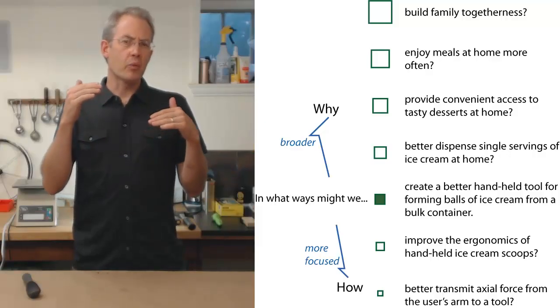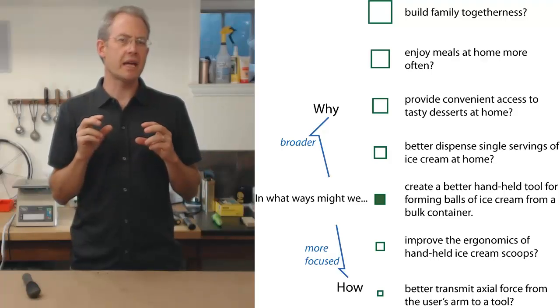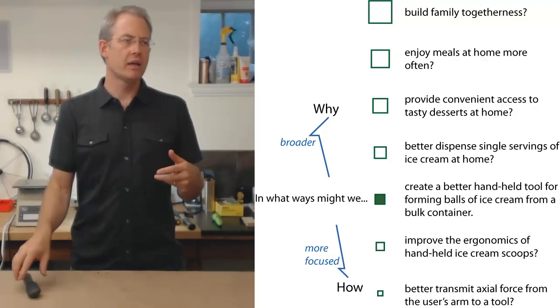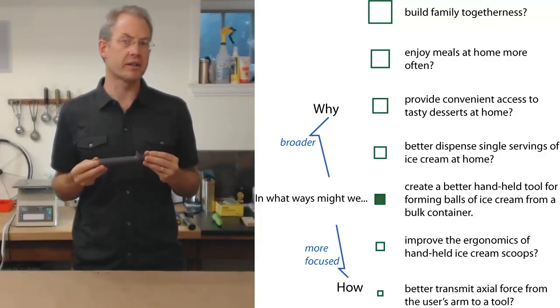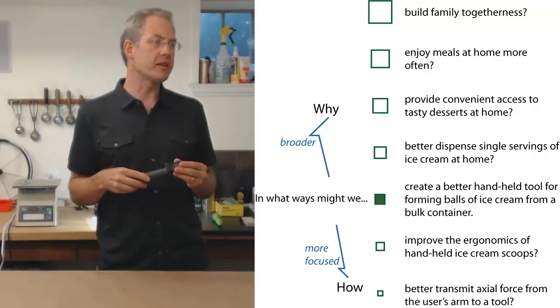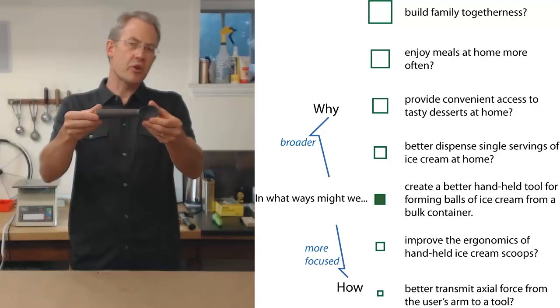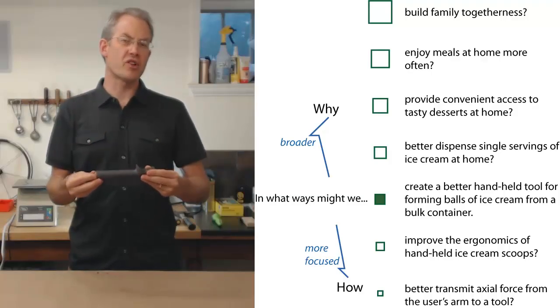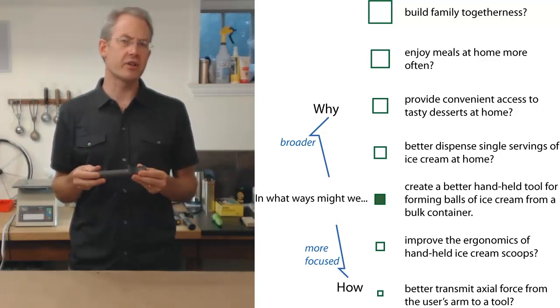Now, we can also go the other direction, and we can ask, how might we create a better handheld tool for forming balls of ice cream from a bulk container? And one answer might be that we could improve the ergonomics of the handheld ice cream scoop. And so we could state our design problem more specifically as, in what way might we improve the ergonomics of handheld ice cream scoops?